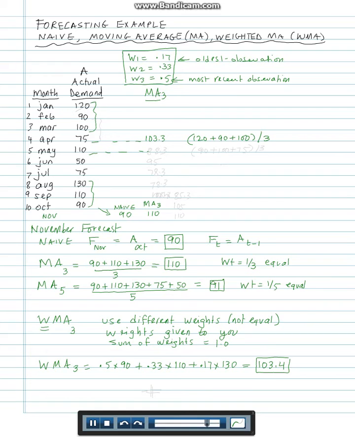This is why it's called moving. I take these 3 and drop the oldest observation, so I take 90 plus 100 plus 75, divide by 3, and get 88.3.